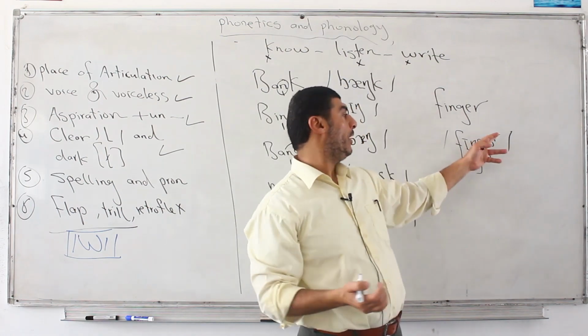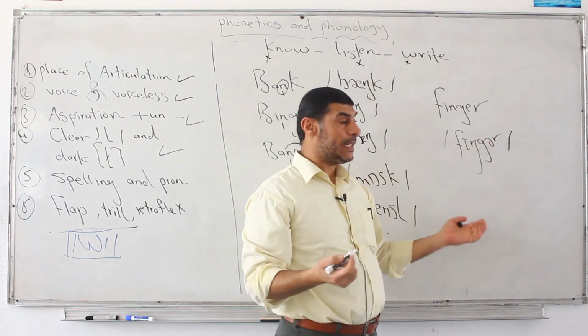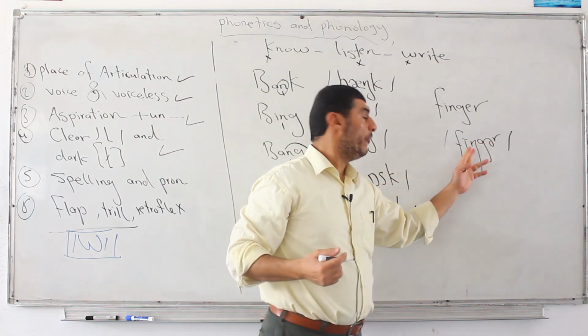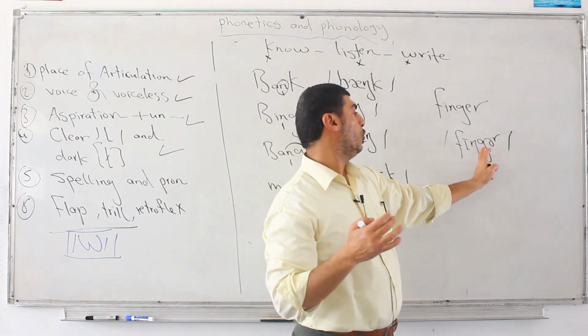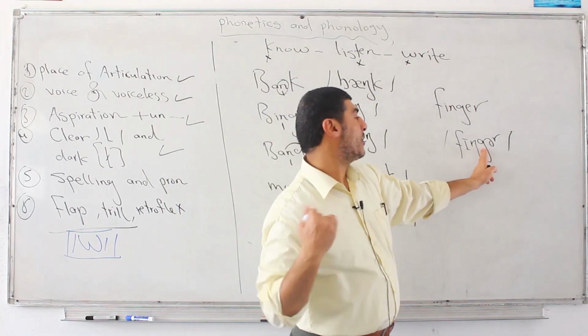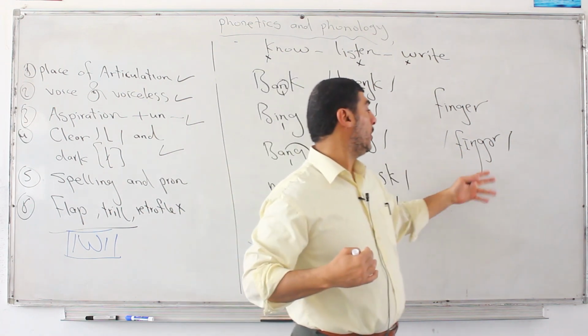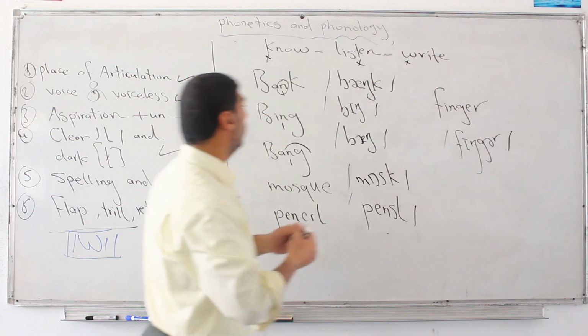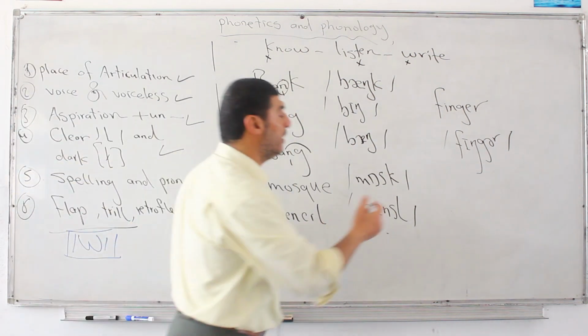Remember the retroflex, finger, right? Or finger in British English. So nasal. And then we move to the velar stop sound. This complete stop, suddenly the air is released. Finger. So these aspects should be taken into consideration. The other word is cupboard.